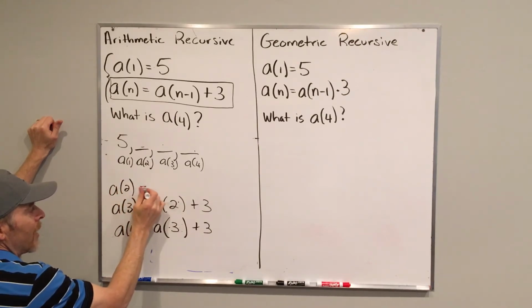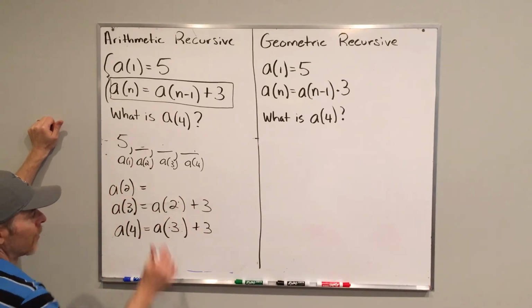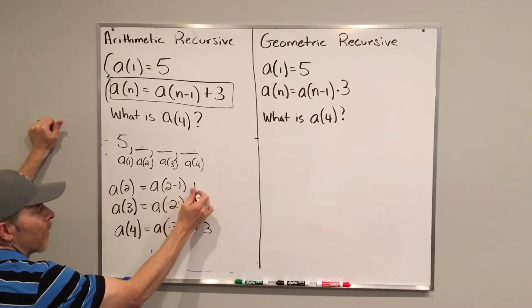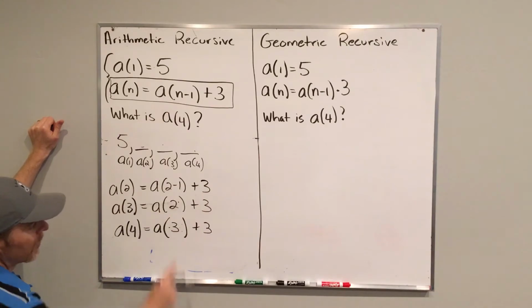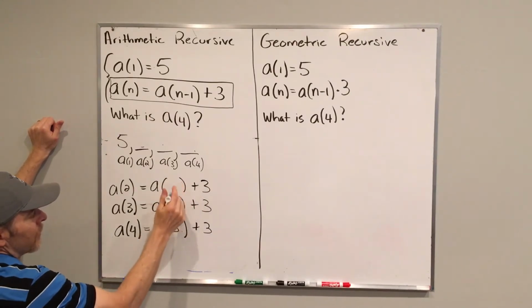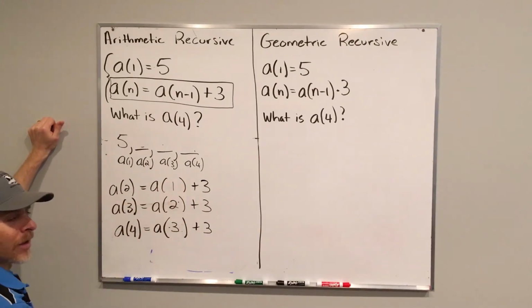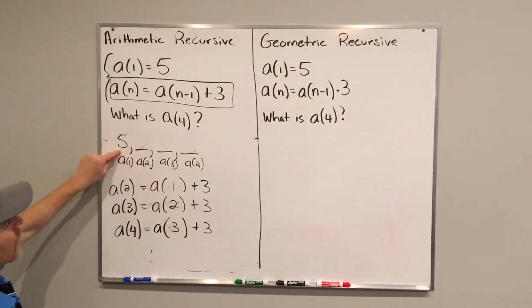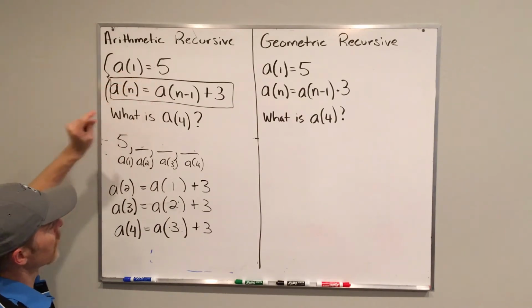So how do I get a of 2? Well, I'm going to take the term right before it and add 3. What is the term right before it? The first term. Now I actually have one that I know. The first term is 5 because they told me the first term is 5.